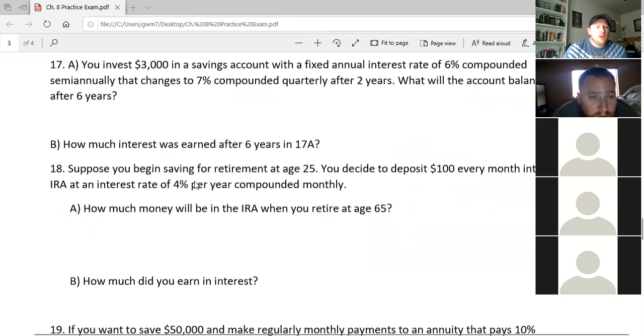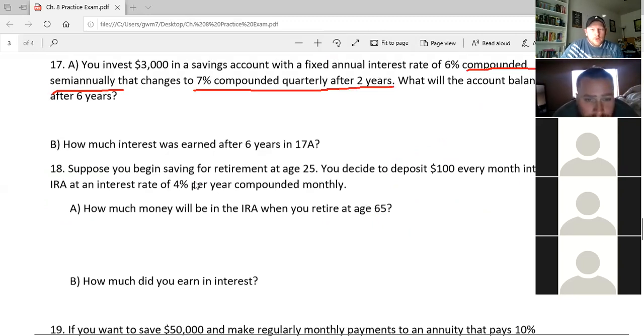17. You invest $3,000 in a savings account with a fixed annual interest rate of 6% compounded semi-annually. That changes to 7% compounded quarterly after 2 years. What will the account balance be after 6 years?